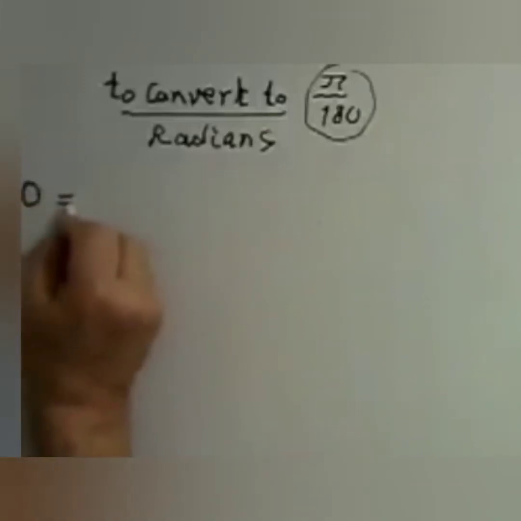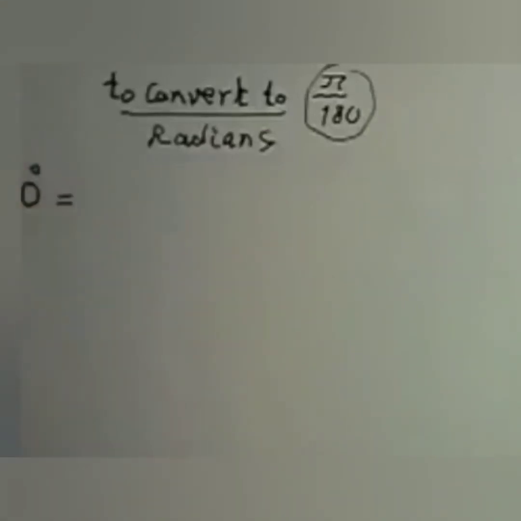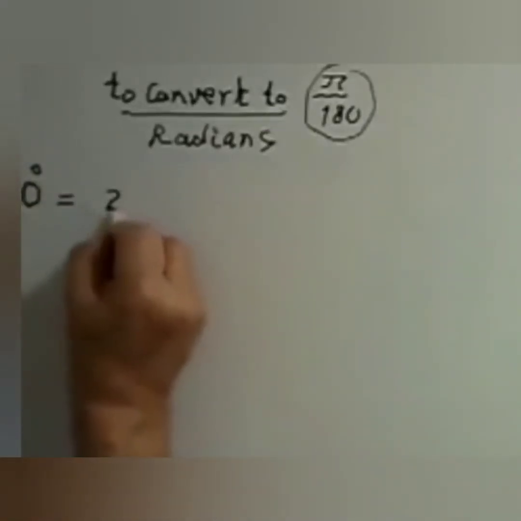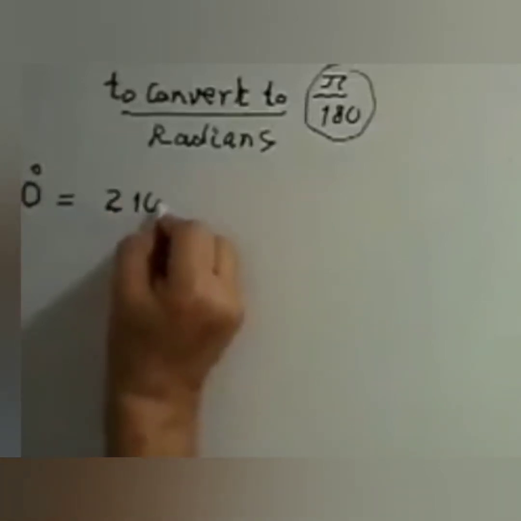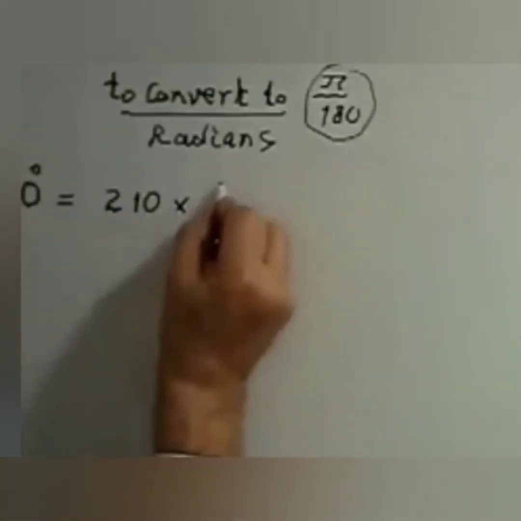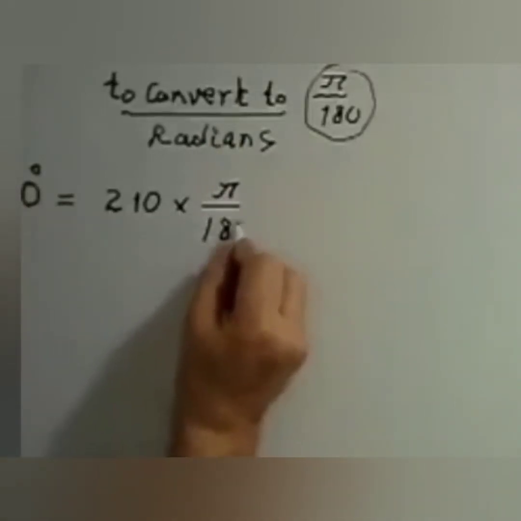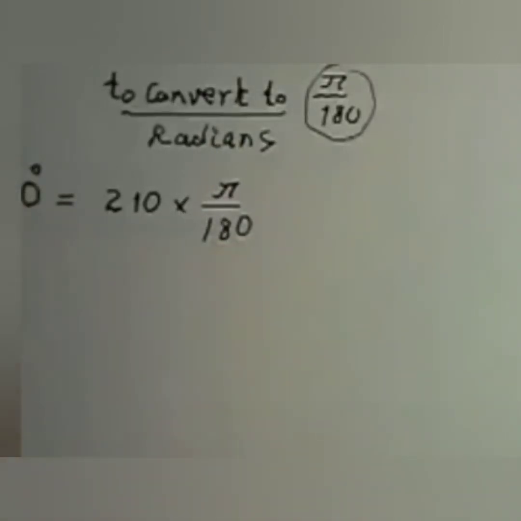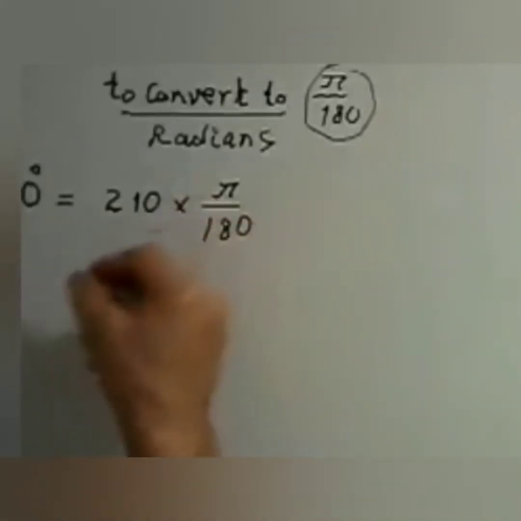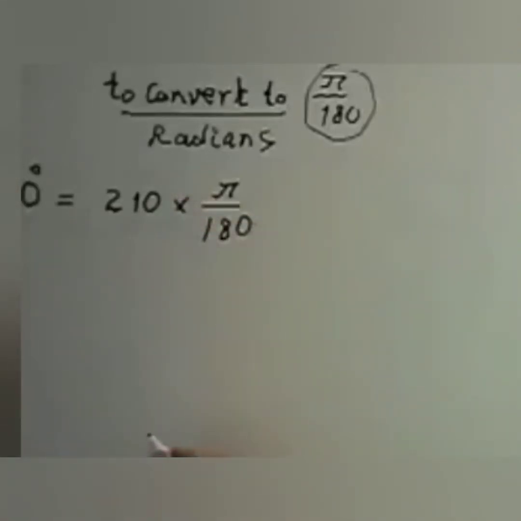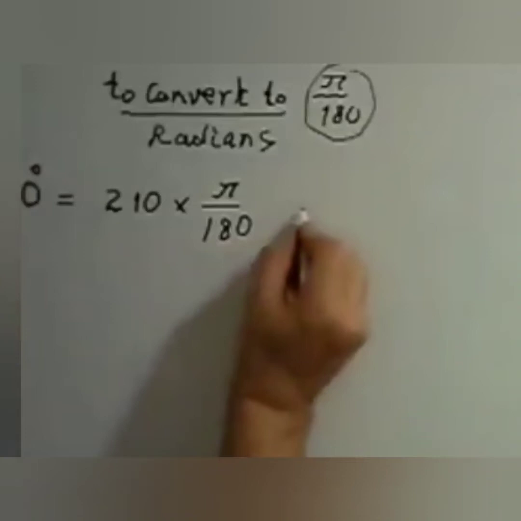210 degrees is equal to 210 times pi over 180. Then we will simplify to get the answer.